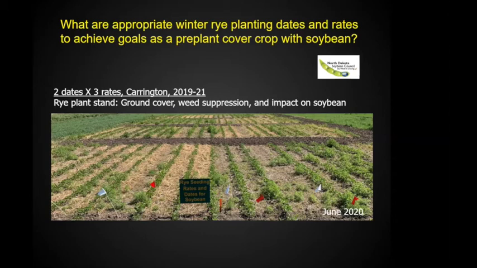We would hope most people would have the goal of minimizing or eliminating soil erosion, and certainly weed suppression with winter rye should be a positive for you as well. There might be other goals too. And then ultimately, we want to see if there's an impact on soybean, hopefully none, so that we can realize the benefits of the cover crops.